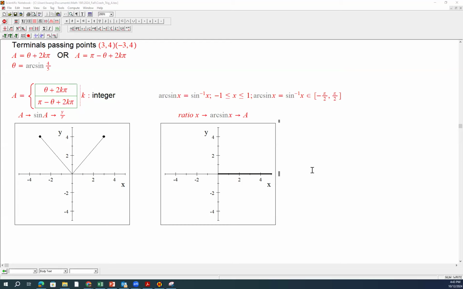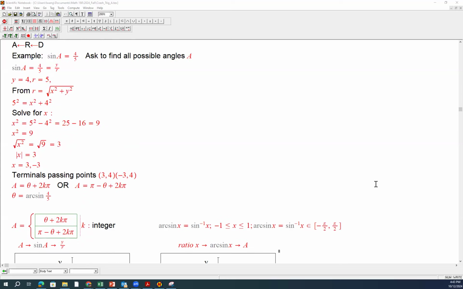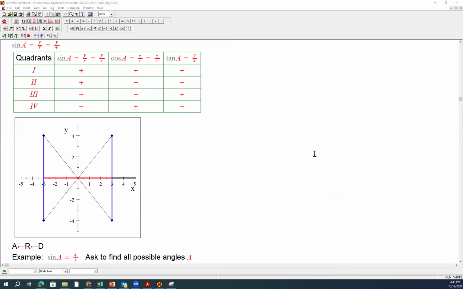In a lot of the questions in calculus, actually, we don't use special angles all the time. In a lot of cases we use non-special angles. So this is one example. Okay, let's do one more example. It's also D to A, right?